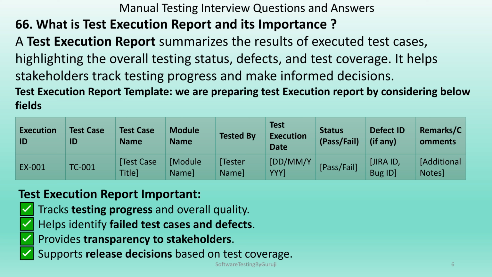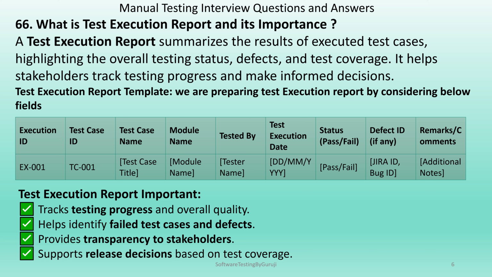Let's see the test execution report template. Execution ID, test case ID, test case name, module name, then tested by, the tester name, test execution date, status pass or fail, defect ID if any, remarks or comments. This is the template.